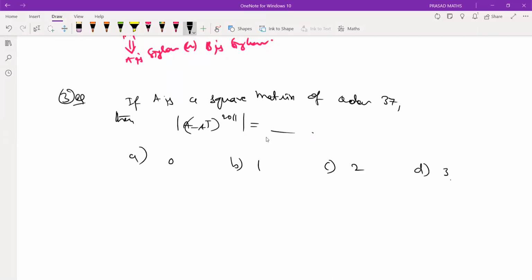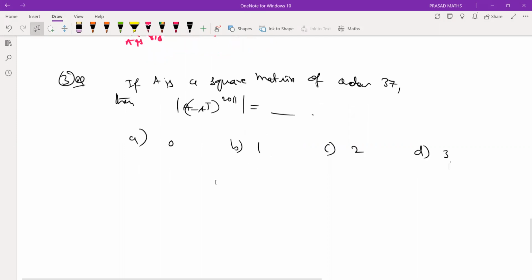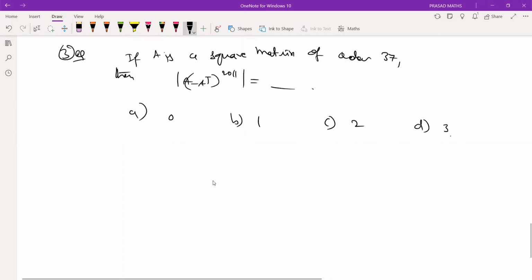Anybody? A is a square matrix of order 37. A minus A transpose. Anybody? Any clue?